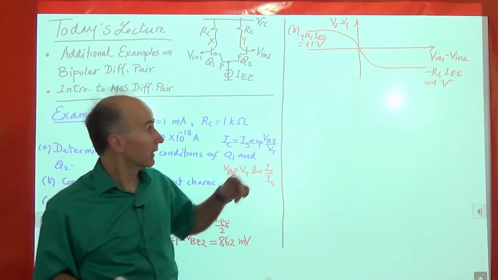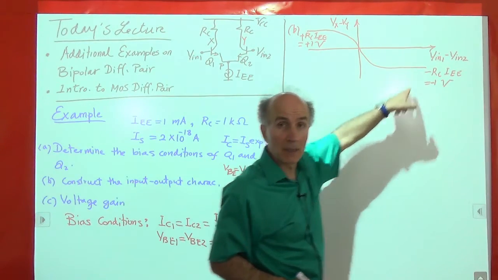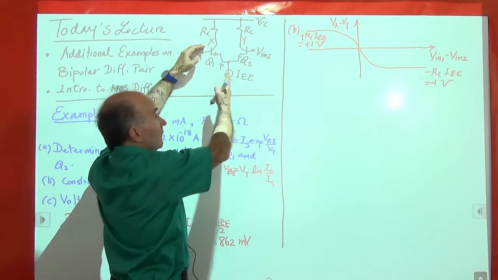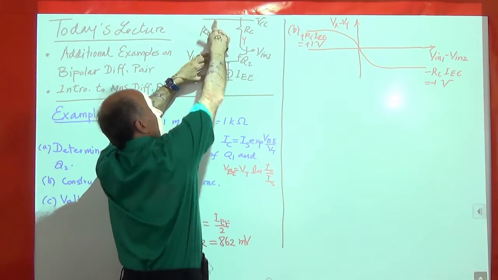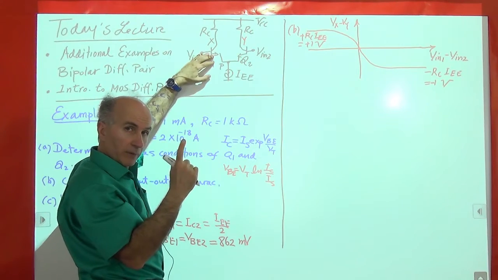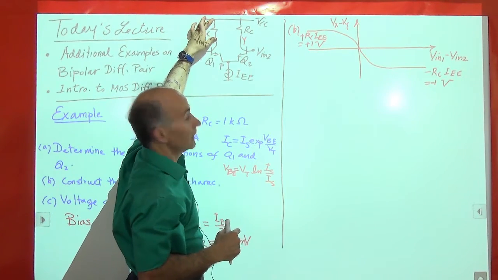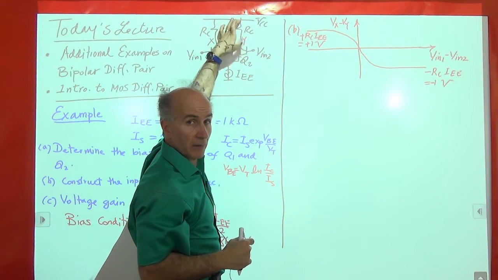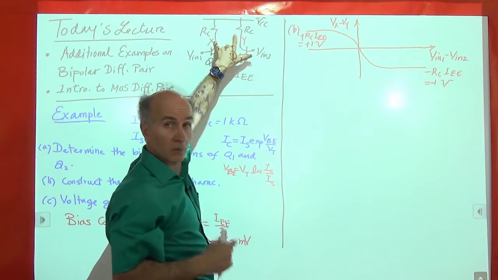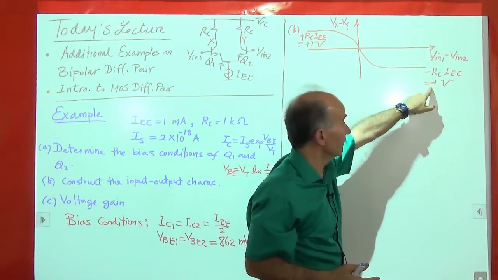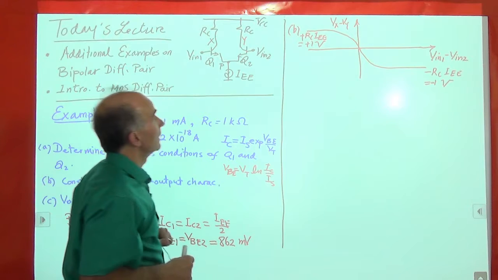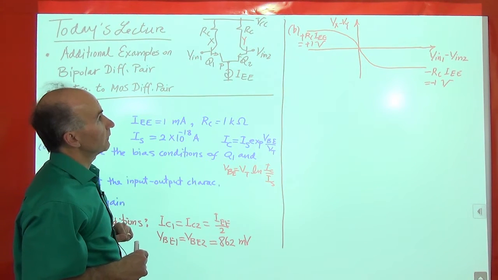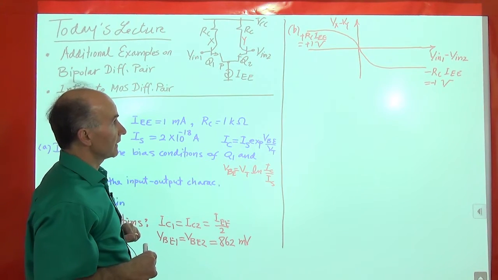For example, if we are standing here, meaning that V in 1 is quite higher than V in 2, all of the 1 milliamp goes to the left, flows through 1 kilo ohm, generates 1 volt. So we have a difference of 1 volt from here to here, and we have 0 volts across this device because there's no current here. So the difference between these two is 1 volt. So that would give us this value here. Okay. All right. So that's what we get for the input-output characteristic.